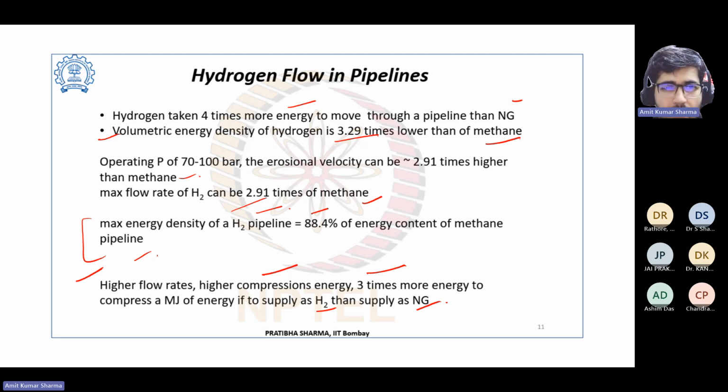Based on those constraints, if you find the energy density of a methane pipeline with the full potential and compare with the hydrogen pipeline, this is the comparison actually. So the maximum energy density for a pipeline will be 88% of methane pipeline.